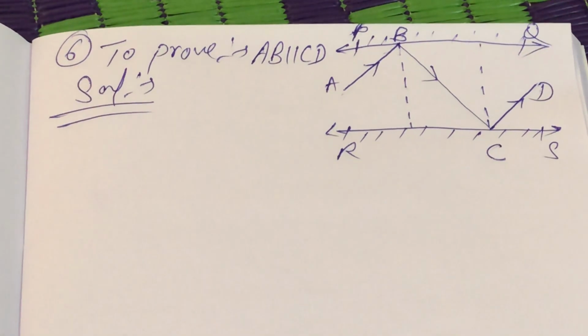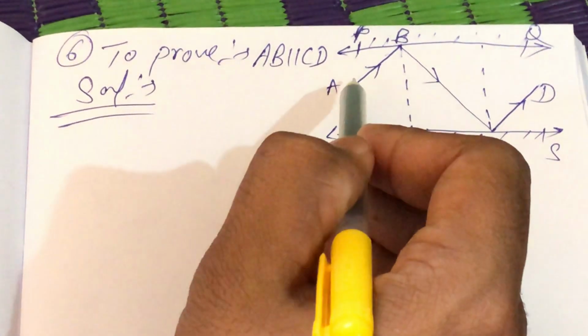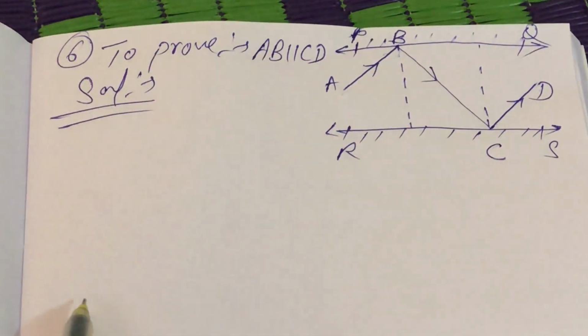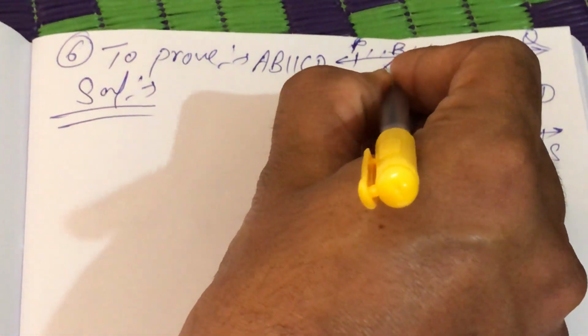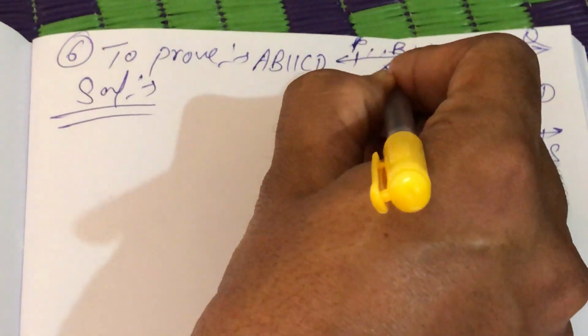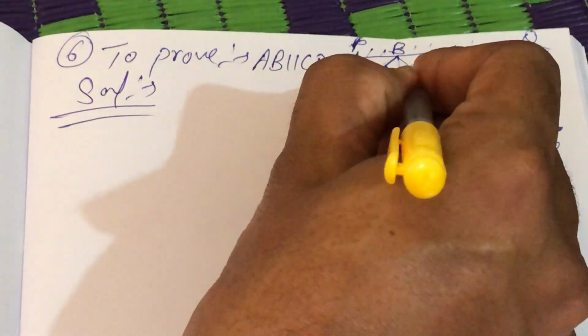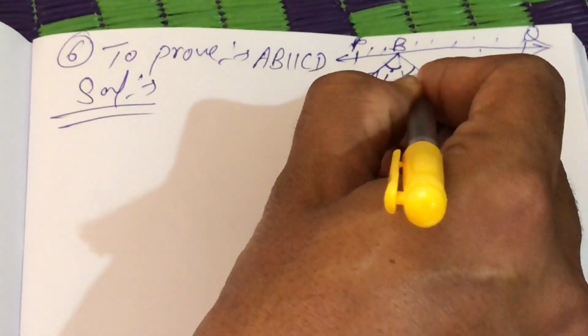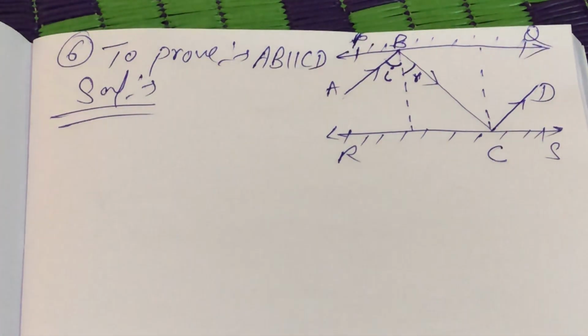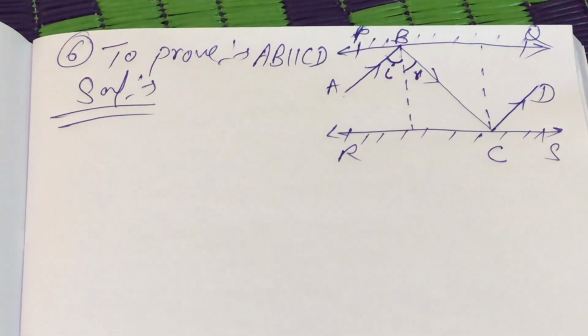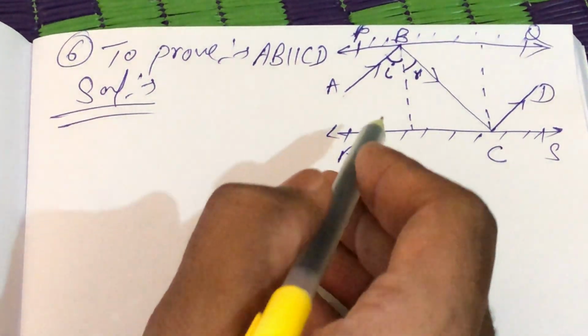So what is happening here? See, this ray is going to be incident here. It is making some angle of incidence, angle I. Then it is reflected back, so it is making some angle of reflection, R, like this. Now just watch how we are going to solve.